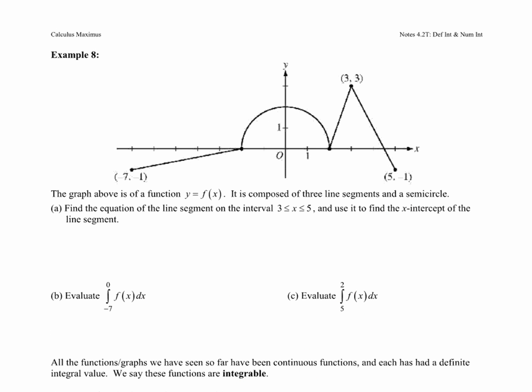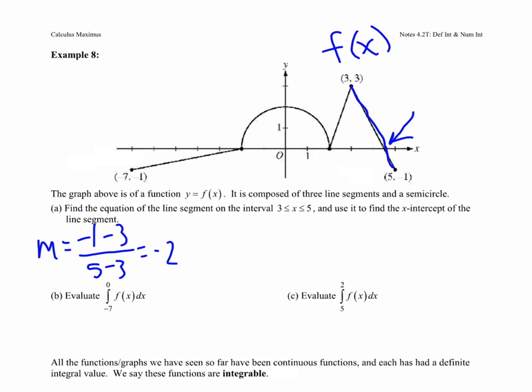Okay, in this example, we have the graph of the function f of x. It's composed of 3 line segments and a semicircle. So the first step is to find the equation of this line segment and use it to find the x-intercept of the line segment. So we can calculate the slope, negative 1 minus 3 over 5 minus 3. So it's a negative 2. Use any of the points, so y equals 3 minus 2 times the quantity x minus 3, point slope form.